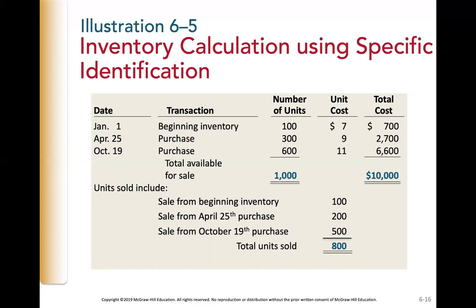The 100 remaining in ending inventory from April 25th plus the 100 from October 19th equals 200 units in ending inventory. 200 units in ending inventory plus the 800 units sold gives us the 1,000 available for sale. You can always go back and check yourself to make sure that you're using the right numbers. Because remember, of the total available for sale, one of two things happens: it's either sold and is in cost of goods sold, or it's still in ending inventory.